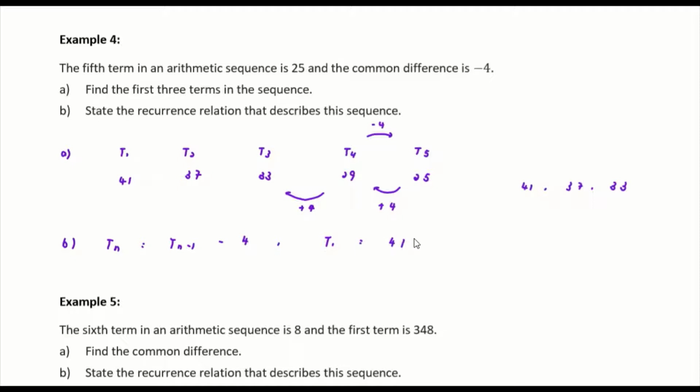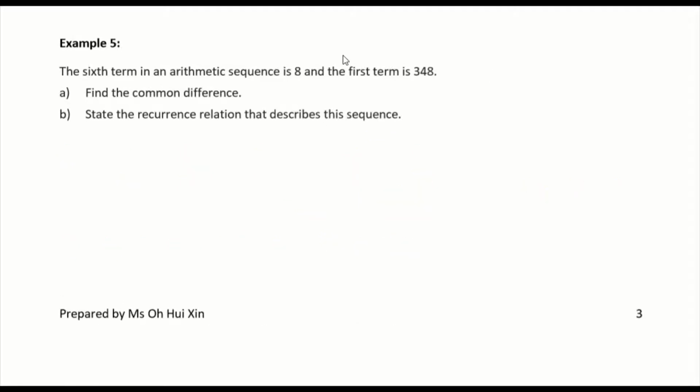Okay. So example 5. The sixth term in an arithmetic sequence is 8 and the first term is 348. Okay, so which means we will have our T1 here as 348. After that, we have T2, T3, T4, T5, and after that, we are given T6, which is 8. Okay, so question one is to find the common difference.